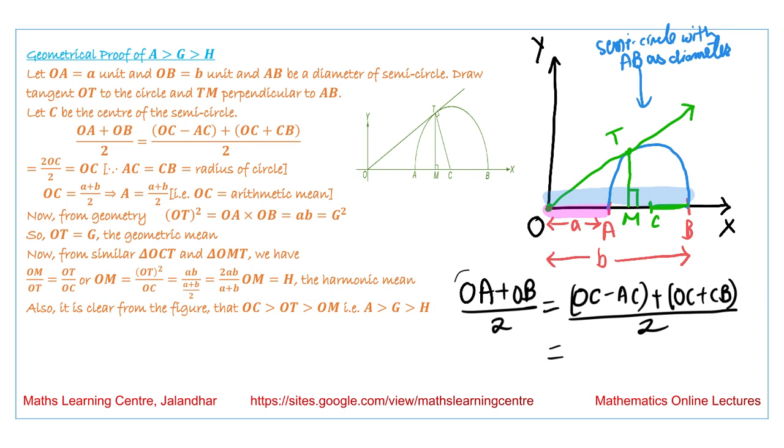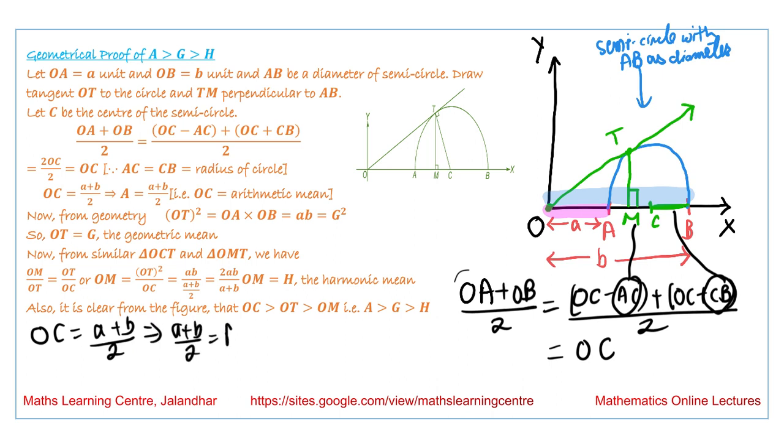If you solve this, since AC and CB are equal, being the radius of this circle, we obtain OC. So OC is equal to (A plus B) by 2, which is the arithmetic mean between these two numbers.